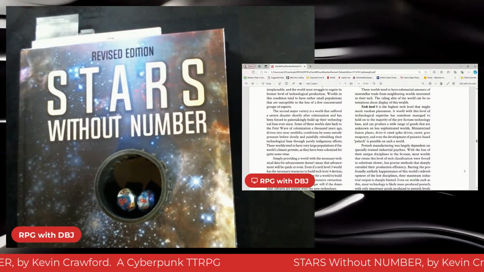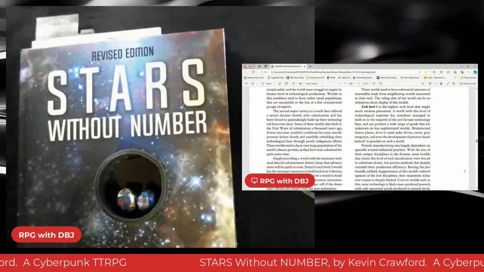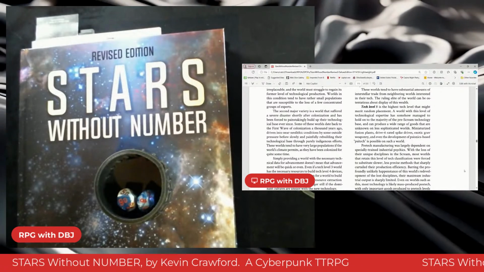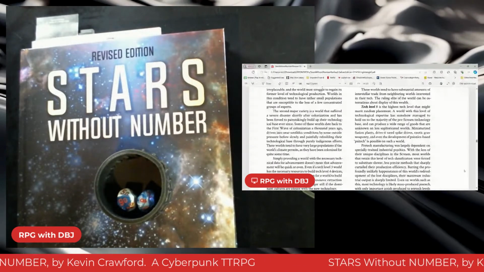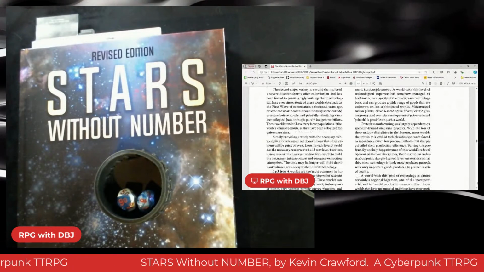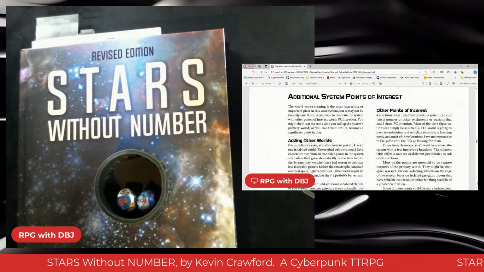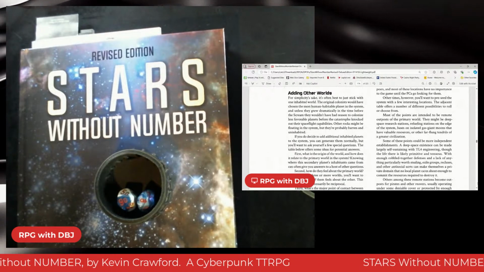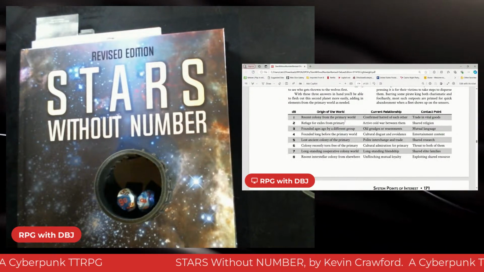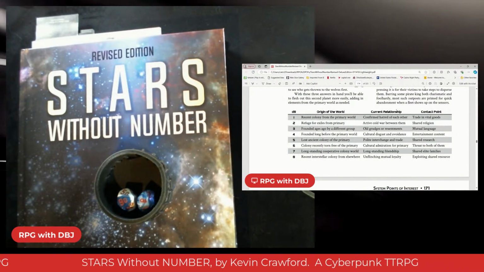The Scream is the horrific event that happened across the galaxy. But anyway, and then there's additional system points of interest, and of course we have ourselves some random tables like origin of the world, current relationship, and contact points, and things like that.